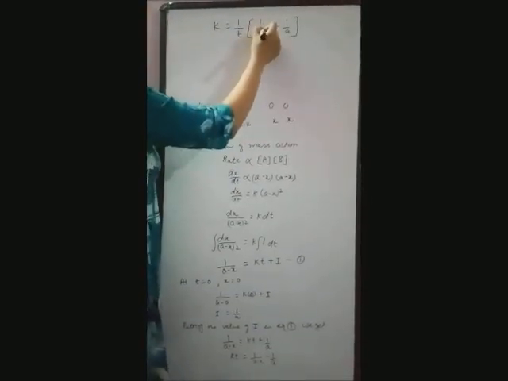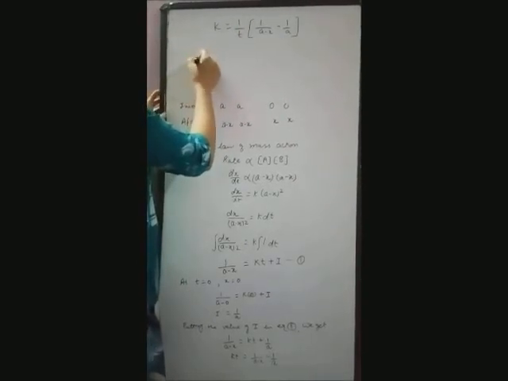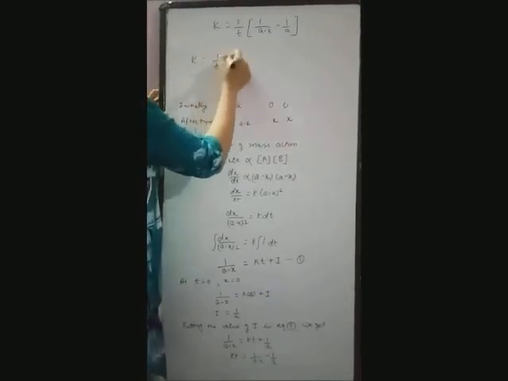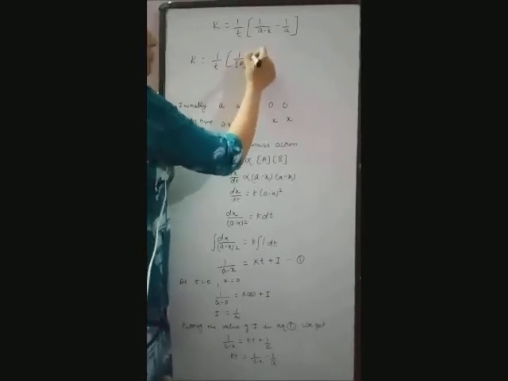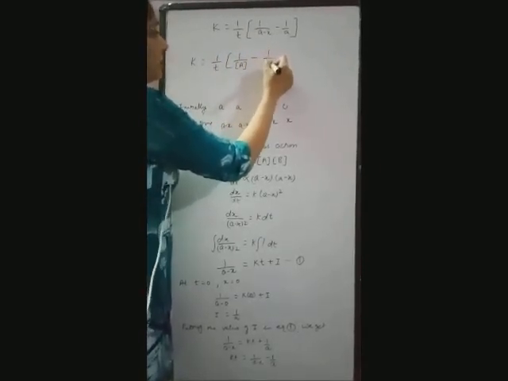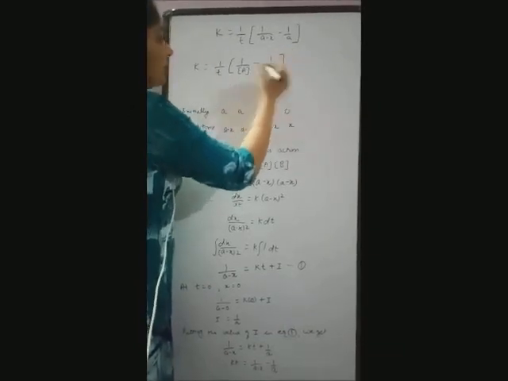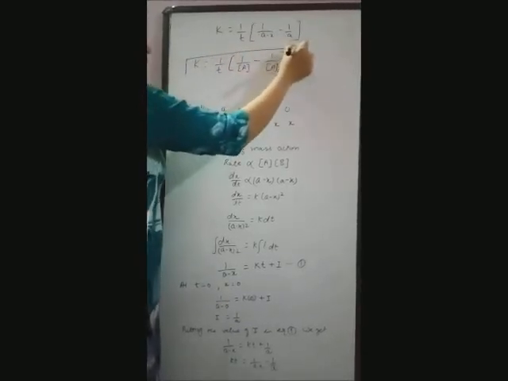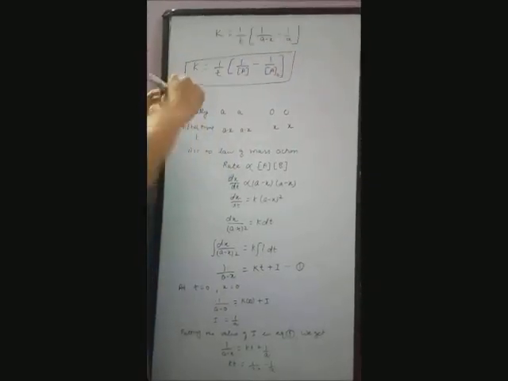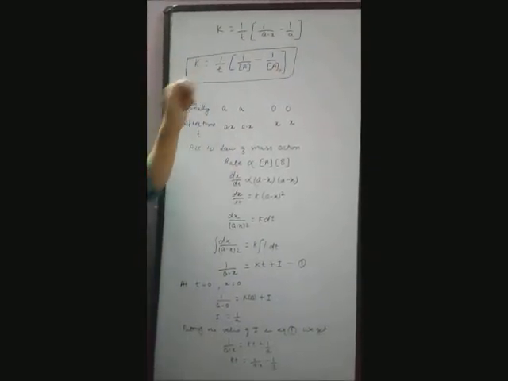Or we can write this in the form of concentration at time t and initial concentration A naught and A, and we get the rate constant for second order reaction.